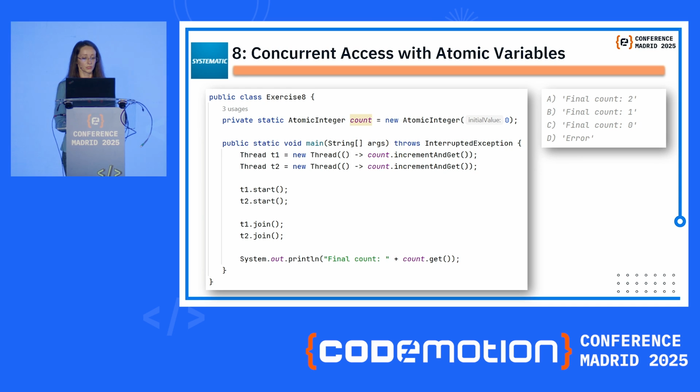And you can choose between 2, 1, 0, or an error. Maybe this code won't actually work. You can use the same analogy that we have seen in the previous example. They're pretty much alike. And you have a few more seconds.